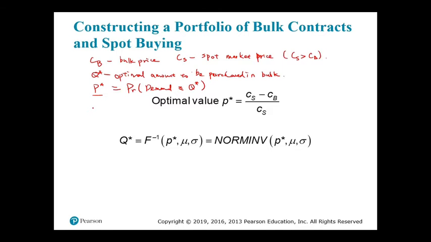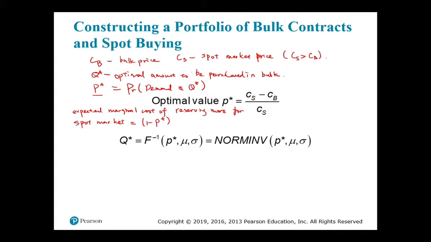So the expected marginal cost of reserving more for the spot market is going to be equal to 1 minus P star.